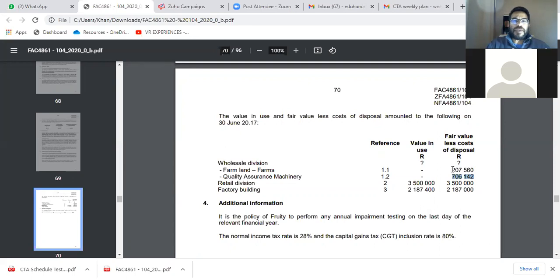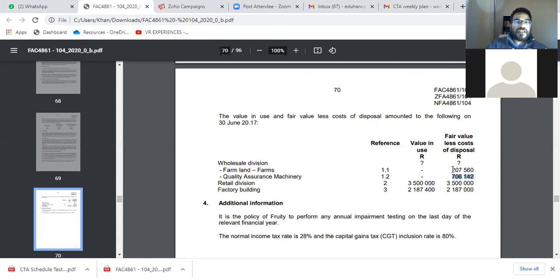Once we get the impairment, we'll have to allocate the impairment to each individual asset. So you test the CGU for impairment, and you get an impairment loss. You take the impairment loss and allocate it to each individual asset on a pro rata basis, based on their carrying amounts. So now you will have a carrying amount after impairment.